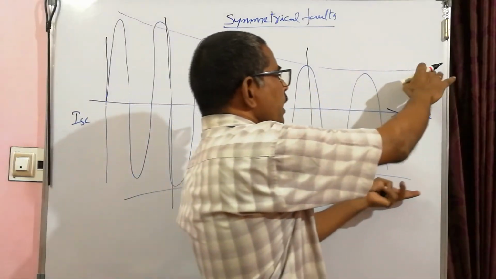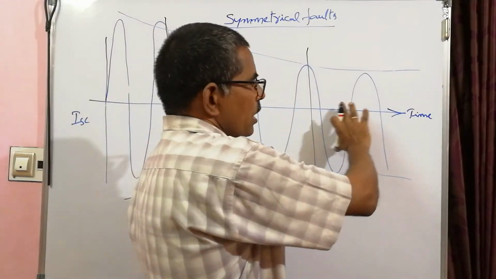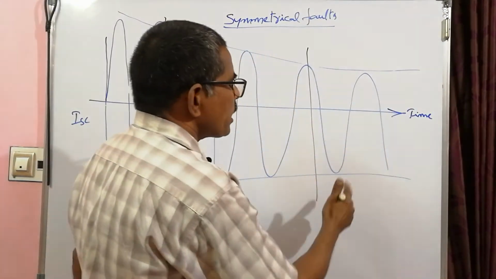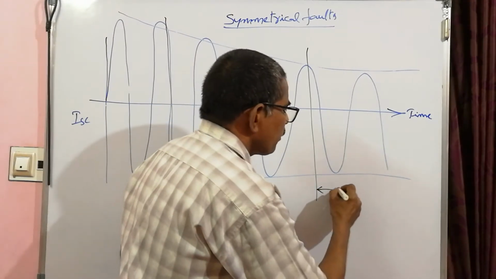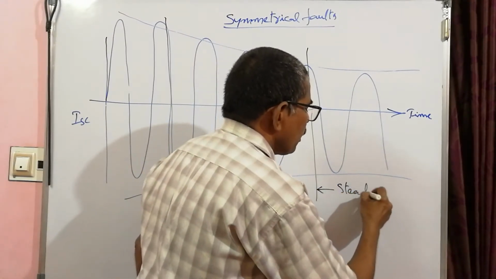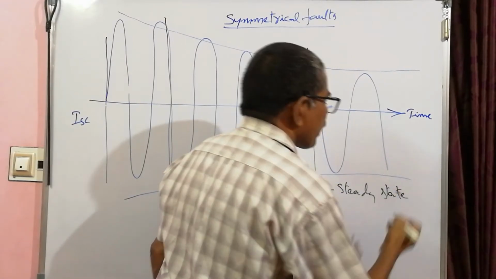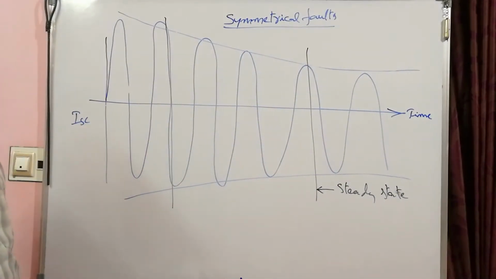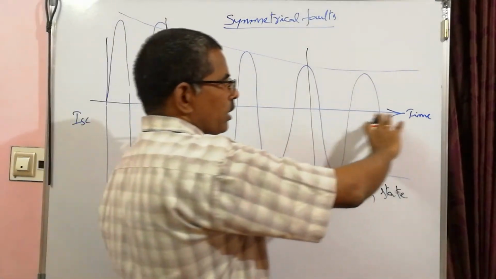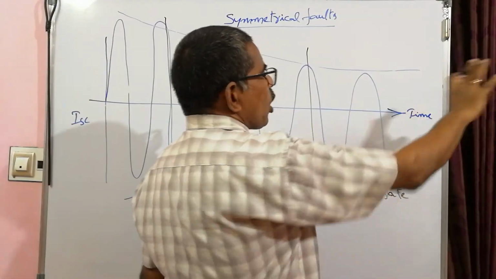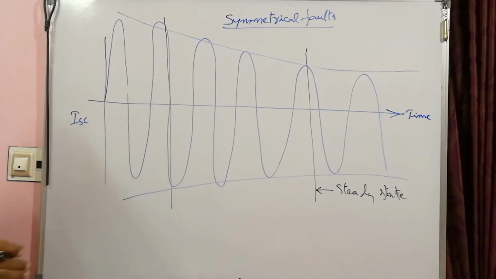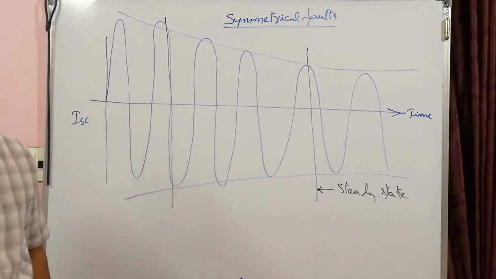As all of you are clear, this is the settling time or steady state time, the period where the current reaches a constant magnitude, called the steady state period.